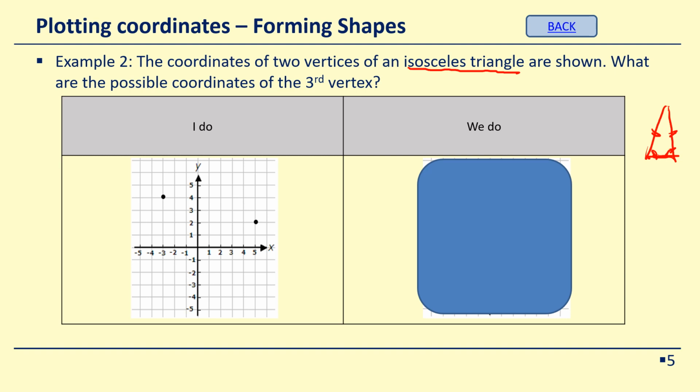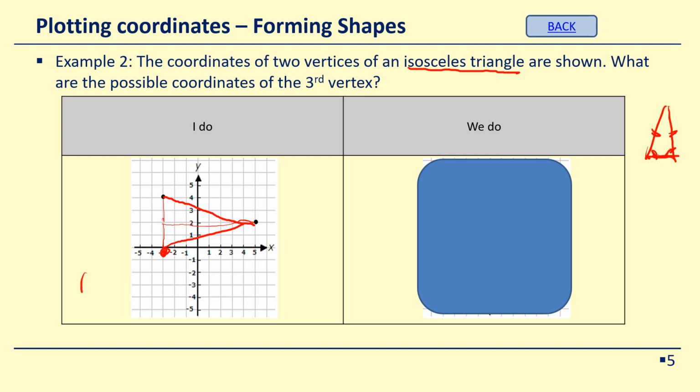We're going to treat this as if it's lying on its side, and this is one of the sides. If I do a perpendicular from here to here, I get half of the base, so it's 2. If I do another 2, then I get an isosceles triangle.